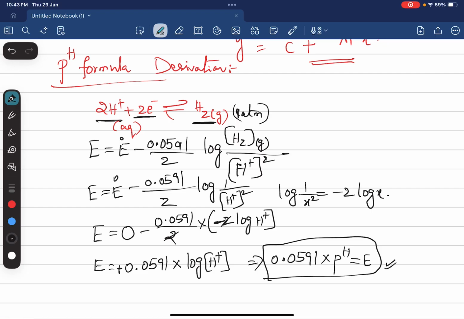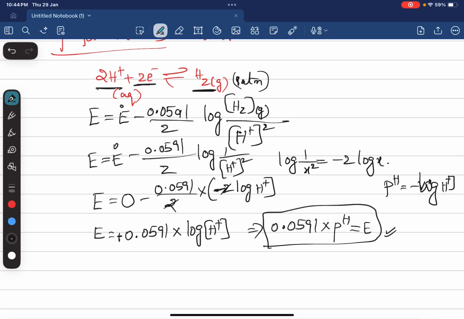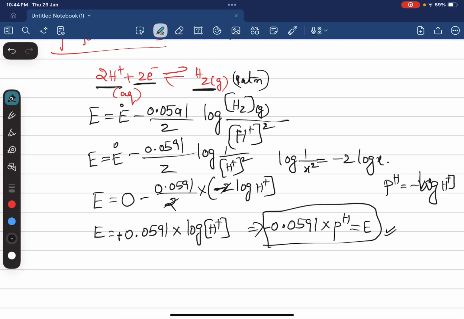So here also we are just writing pH equals what? Negative log of H plus. So accordingly, you can write it as negative log of H plus, right? So minus 0.0591 into pH equals E. This is the most important equation for finding pH.